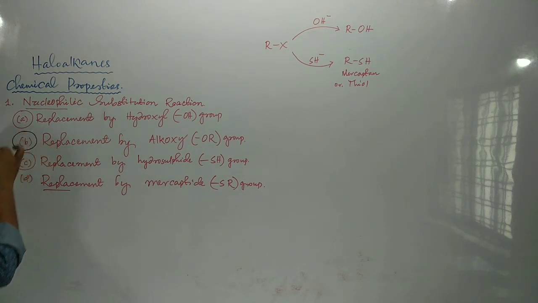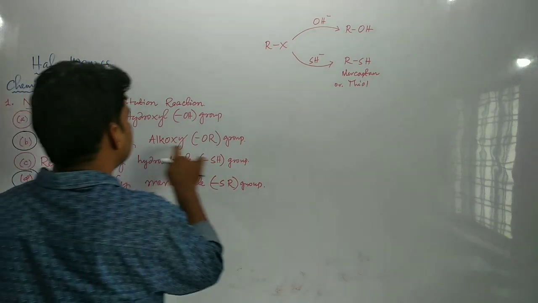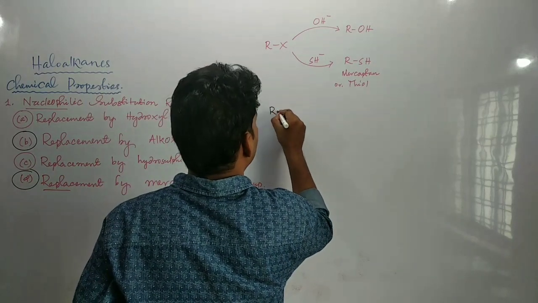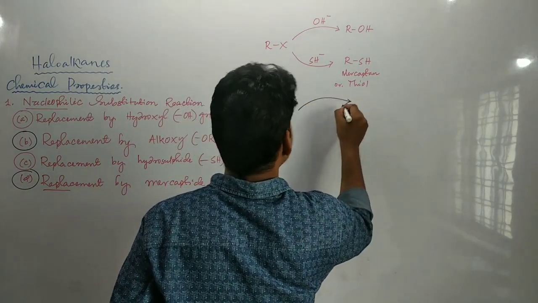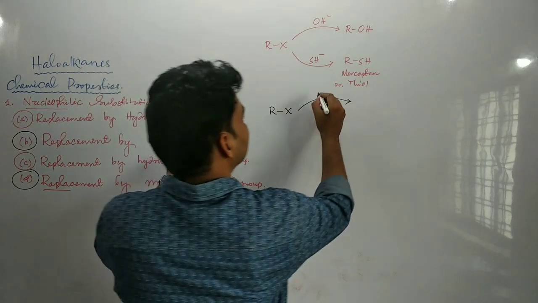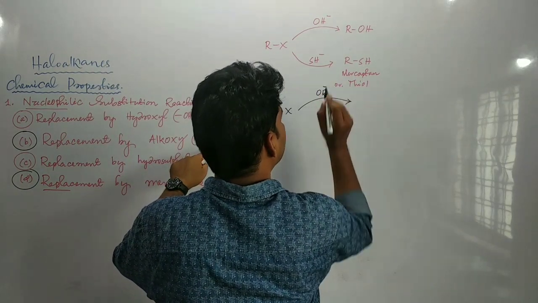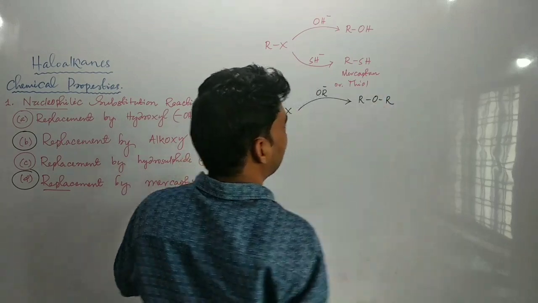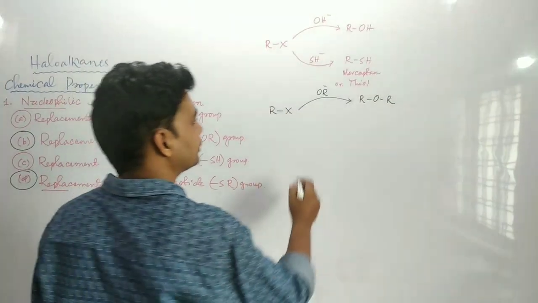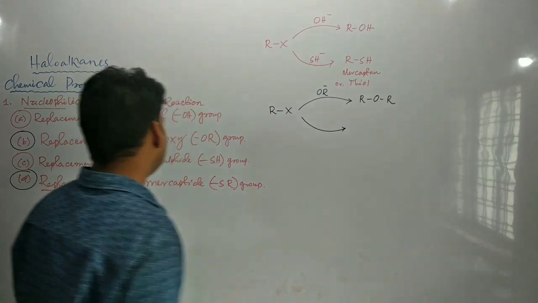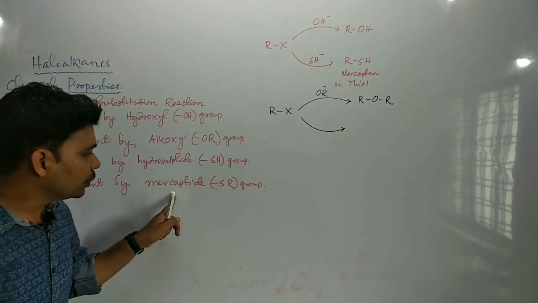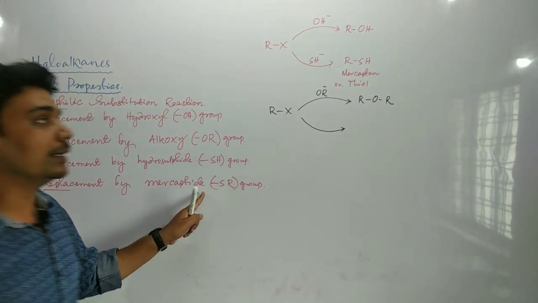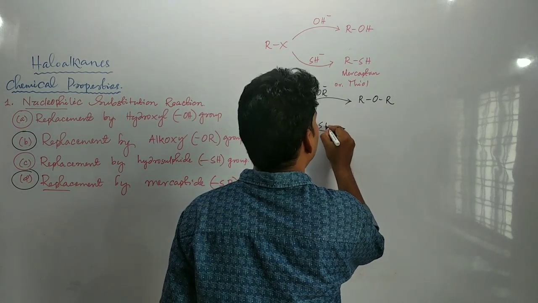Similarly, the second reaction and the fourth reaction have resemblance. In the second reaction, RX was treated with a nucleophile, alkoxide OR minus, where the product obtained was ether, ROR. This was ether. Now, in the fourth reaction, the nucleophile is mercaptide SR minus.